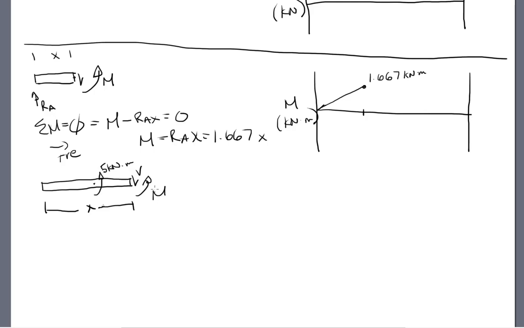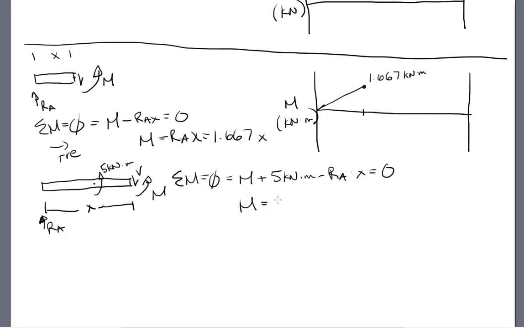So now we're going to look at the moment about here, right? So sigma m equals 0 equals this m plus this applied kilonewton meter load, so 5 kilonewton dot meter, minus, remember your RA, it's trying to push this way, which is clockwise, minus RA dot x equals 0.